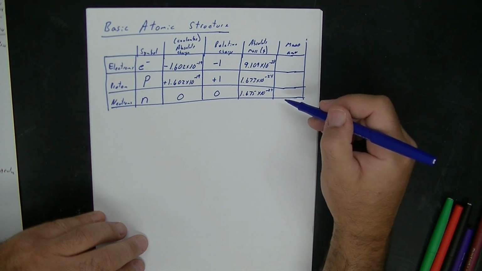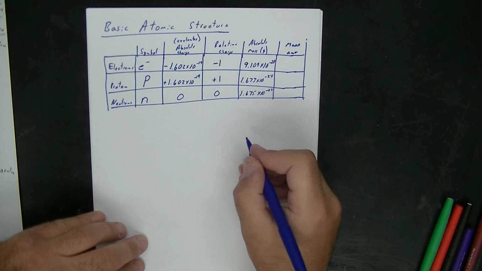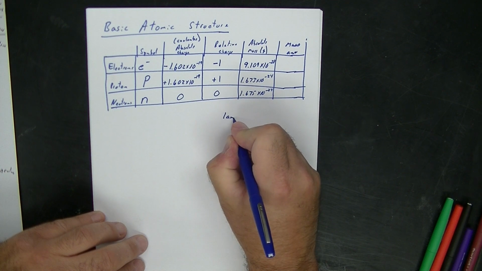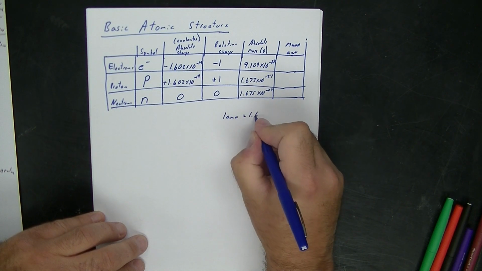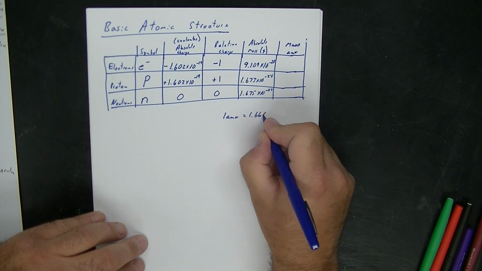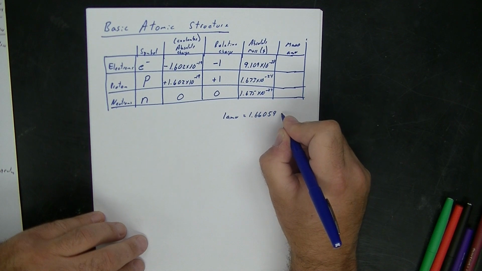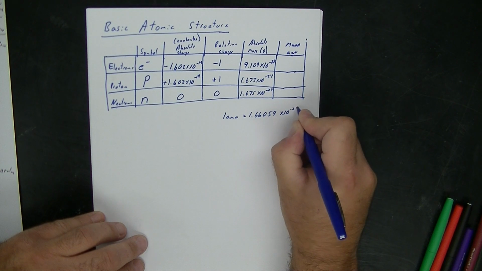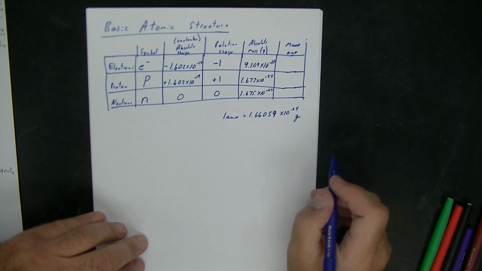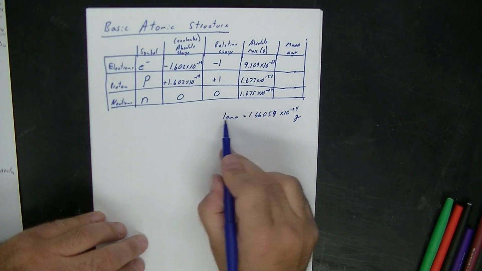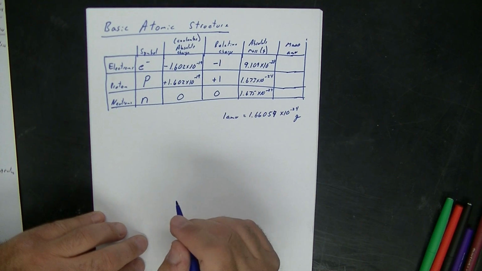Okay. So you need to be able to convert grams to AMUs. 1 AMU, here's your factor, equals 1.66054 times 10 to the minus 24th grams. Now, depending on sig figs, really depends on how many of those digits you need.